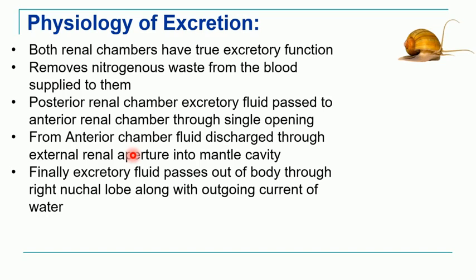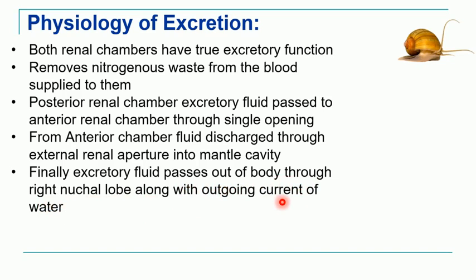So the anterior renal chamber will transfer this excretory fluid through this renal aperture into the large cavity that is called the mantle cavity. And through this mantle cavity, finally the excretory waste will be given out of the body through the right nuchal lobe along with the water current.